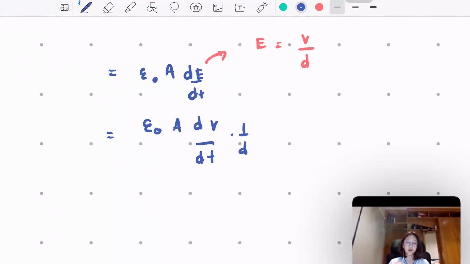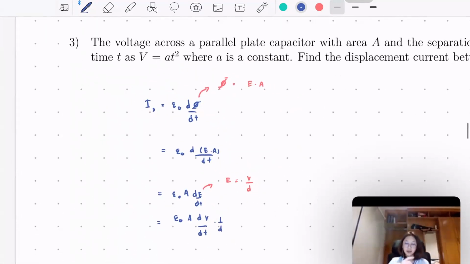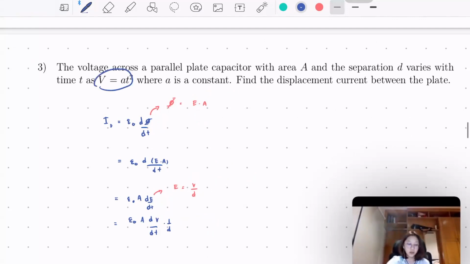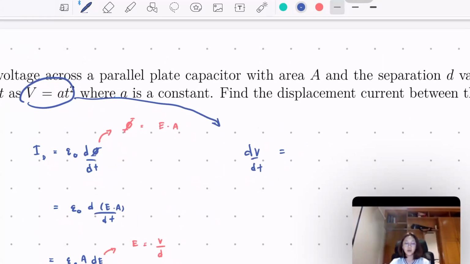So we write it in this form. The next step is we need to find dV by dt. We will use this equation to find it. So dV by dt is the derivative of V equal to a t squared.